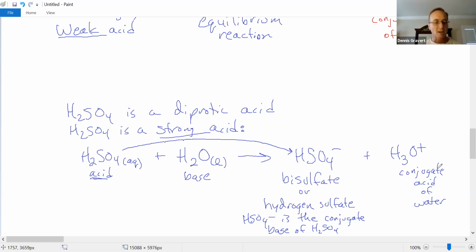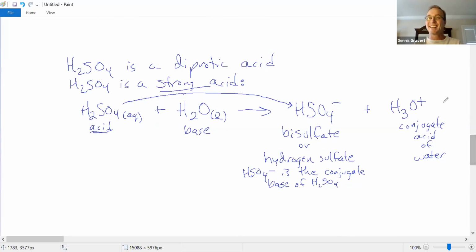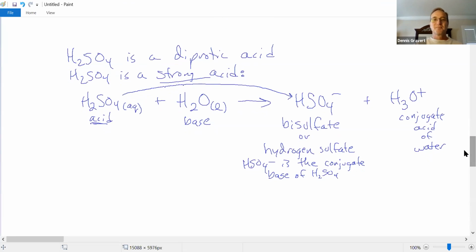Cool. All right. There's still a second hydrogen on the original sulfuric acid molecule. That comes out partially. It doesn't fully ionize. It's not a strong electrolyte. So if you watch this bisulfate ion, what does it do?